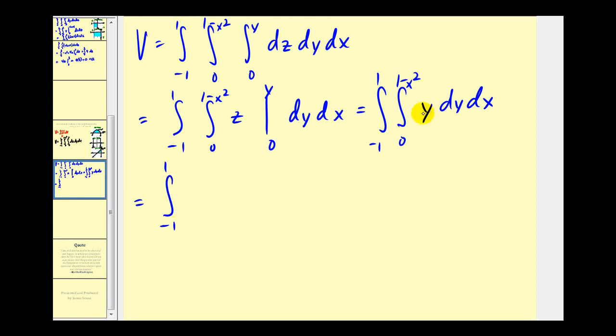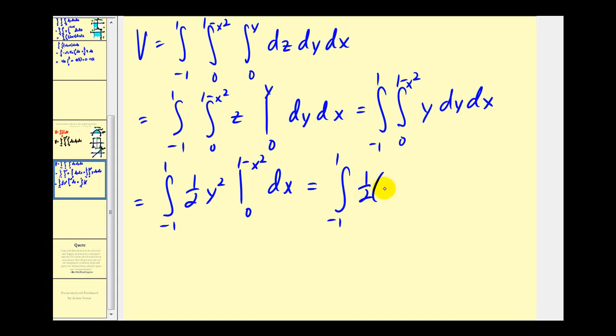So we'll have y squared over 2, or 1/2 y squared. When we replace y with 1 minus x squared, we have to square this or FOIL it. So we're going to have 1/2 times 1 minus 2x squared plus x to the 4th. And now we'll integrate with respect to x.